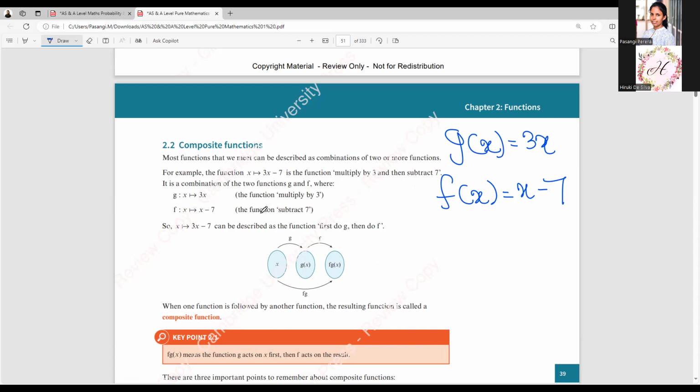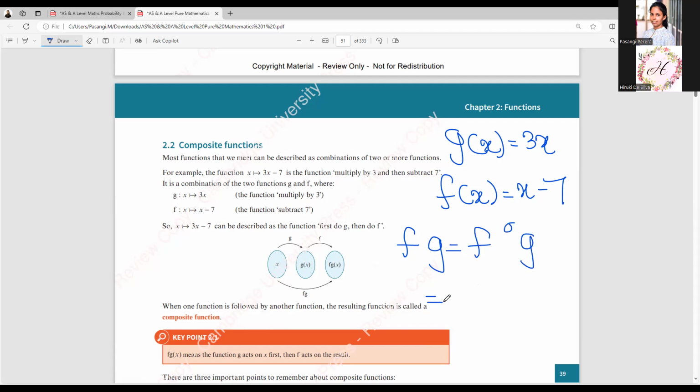Now, let's assume we just wanted to combine these two. These two can be described as: first do function g, and then do function f. For example, let's assume we have to calculate fg. This can be written as f note g as well.